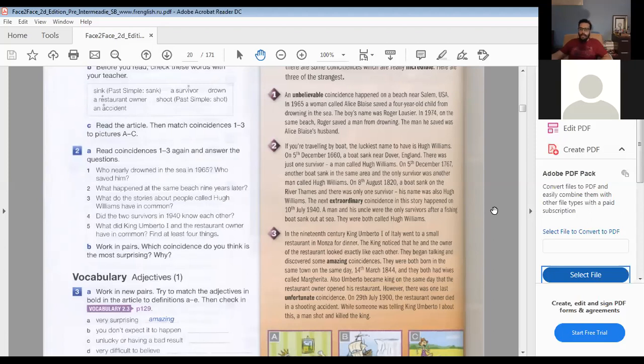All right, now number 5. What did King Umberto I and the restaurant owner have in common? Find at least 4 things. Yes, we want 4 things in common. Number 1, his name, wife's names are the same thing. That's the first.